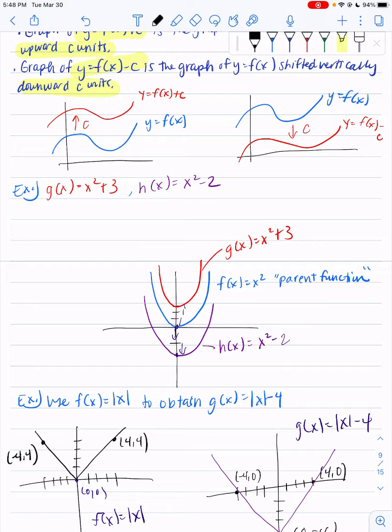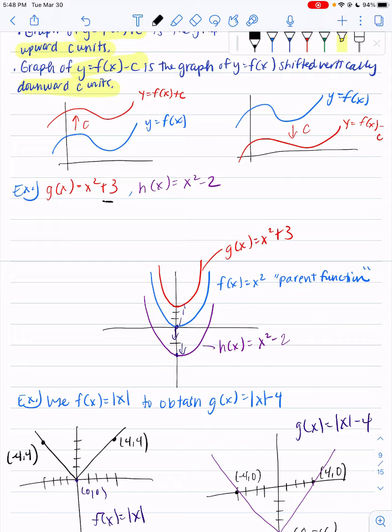So we have f of x equals x squared, that's our parent function. For g of x, we're adding 3. So x squared is the f of x, and we're adding 3, that's our c. So we shift up 3 units.